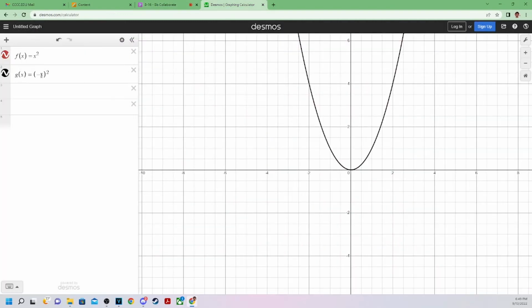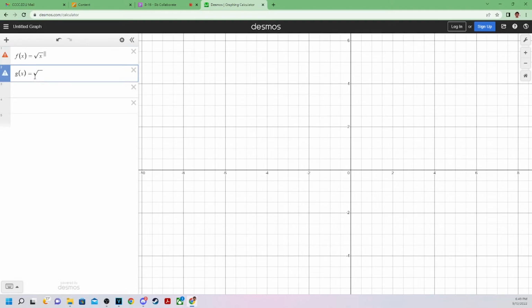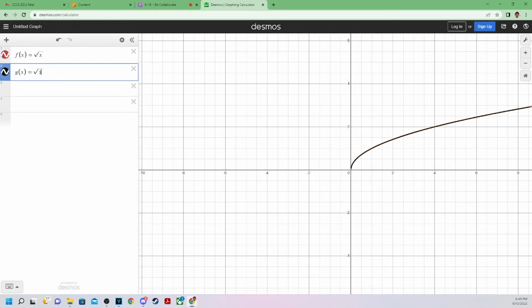So if I do that, square root of x. Oops, what does this have that exponent? Oh, good. If I do it on here, it'll be a reflection, so it'll go downwards. It's a reflection about the x-axis, so it goes downwards. And do you see it creates that parabola sideways?